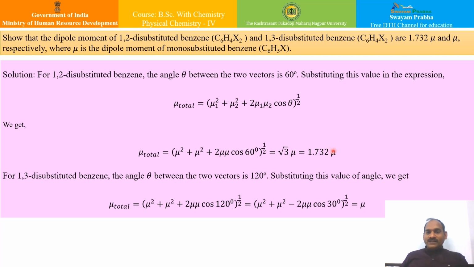Therefore we have proved that the dipole moment for 1,2 disubstituted benzene is 1.732 mu, whereas for 1,3 disubstituted benzene, the angle theta between the two vectors is 120 degrees. If I substitute this value into the formula, I get that the total resultant dipole moment is nothing but mu. And therefore we can very easily prove the given values of dipole moment of substituted benzene.